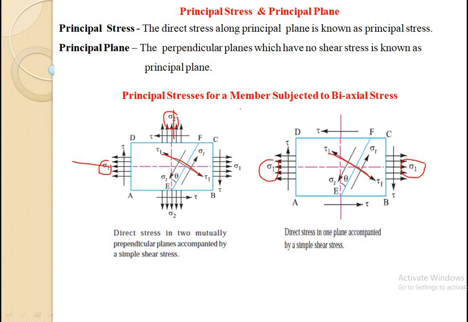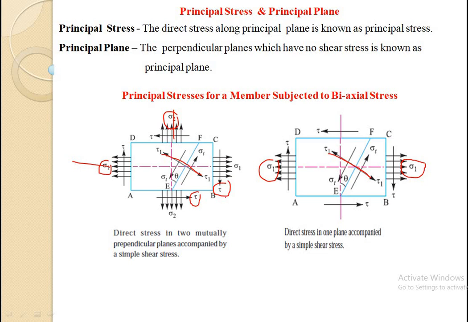In addition to these normal stresses, a shear stress also acts. It is tau. This is the shear stress which acts on the plane perpendicular to this normal plane at an angle of theta degree. This is the simple shear stress.